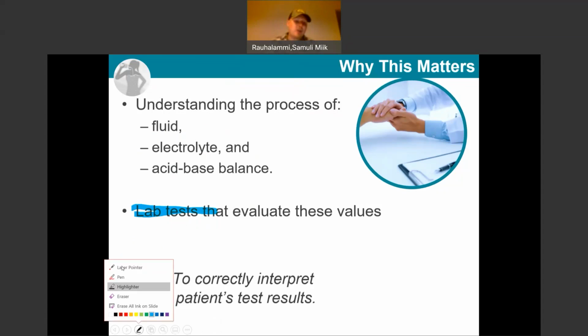Really, the big thing there is to notice that we should have certain numbers for these certain values. If the values are far off from where we expect to be, that can cause issues, either just slight issues or even very, very severe medical issues. Worst case scenario could lead to death. So that's why it's important that we understand the concepts of water balance, electrolytes, and acid-base balance in our body.